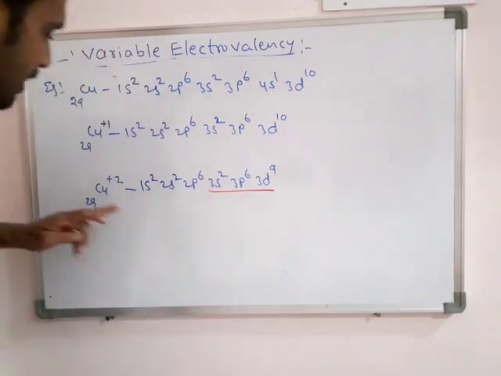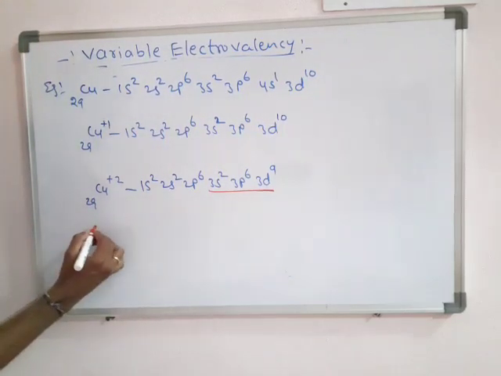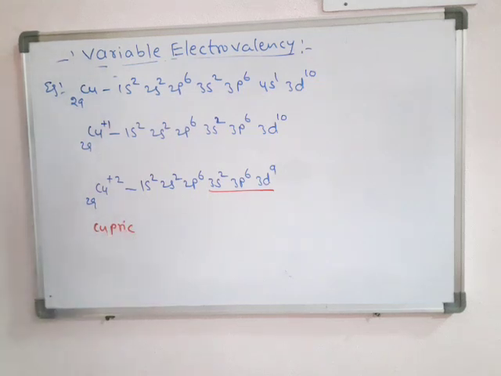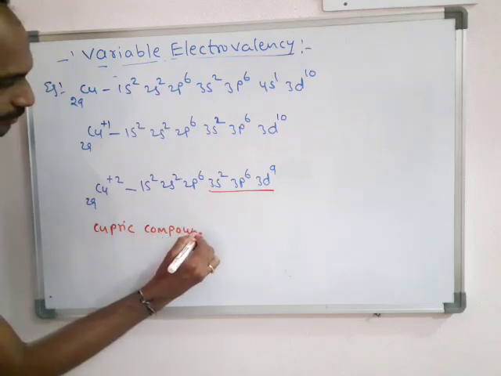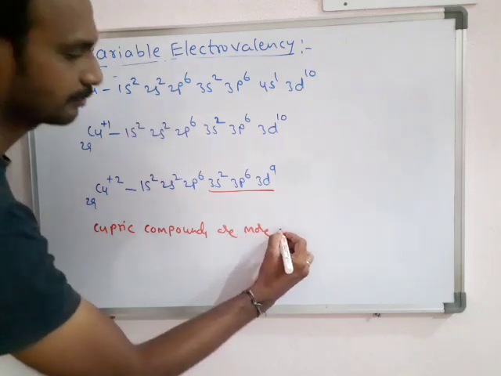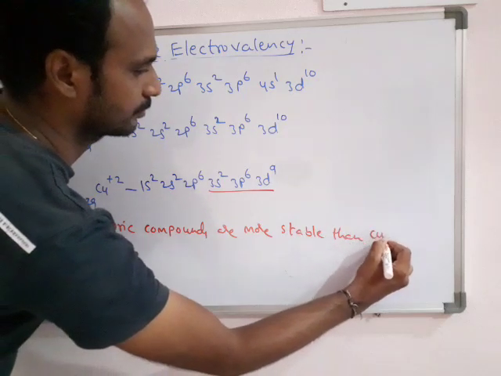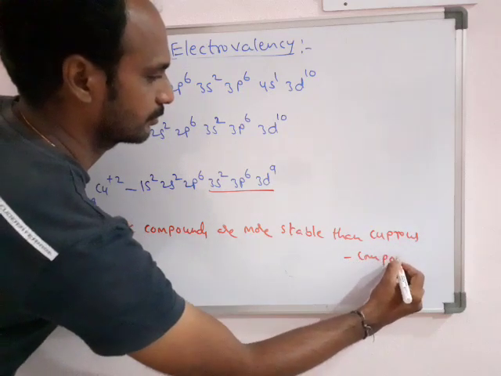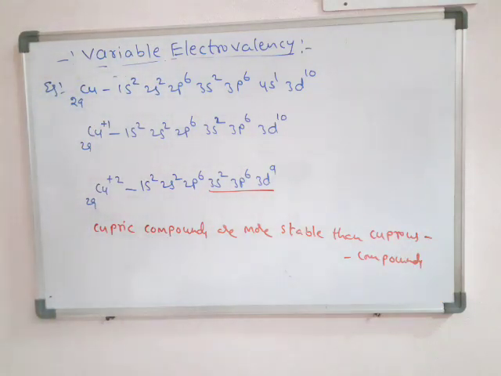Why? Because we have Cu+2 compounds, Cu+1 compounds, and the cupric compounds. Actually, sorry, +2 is cupric. Okay, cupric compounds are more stable than cuprous compounds.